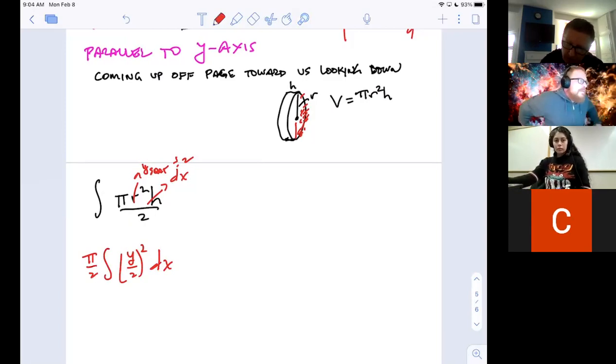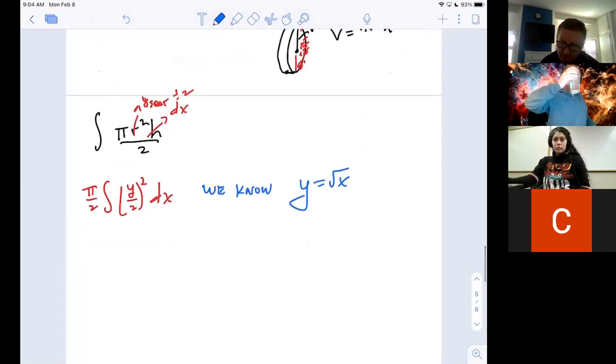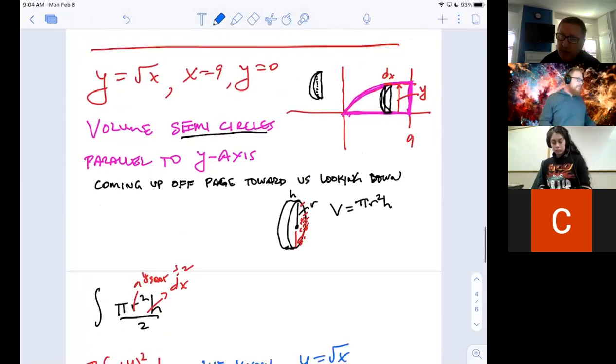So we know that Y is equal to the square root of X. So we're going to have to switch all of this into X's. So now that we know we're working with X's, now we go back and we look at that shape and say, for what X's does this exist?